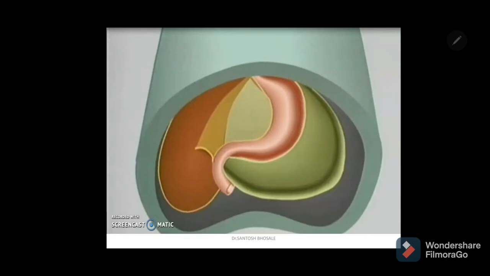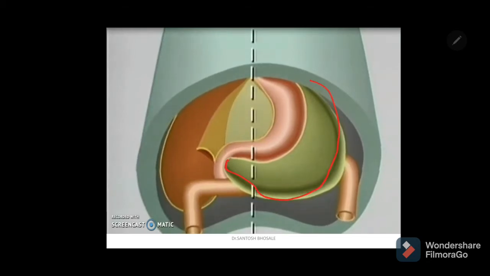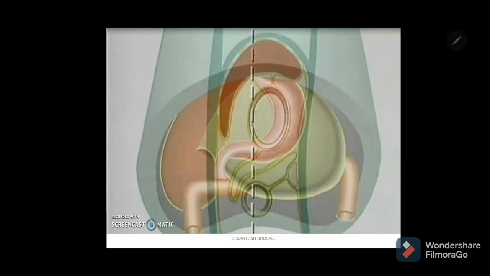This is how the lesser sac comes to lie posterior to the stomach, allowing the expansion of the stomach after food. That's why it's also called the omental bursa. And this part of the dorsal mesogastrium, which drapes over the transverse colon, forms the greater omentum here. You can notice there.